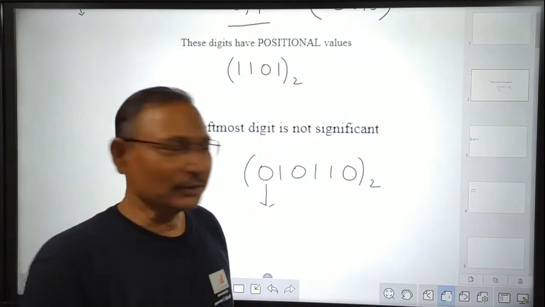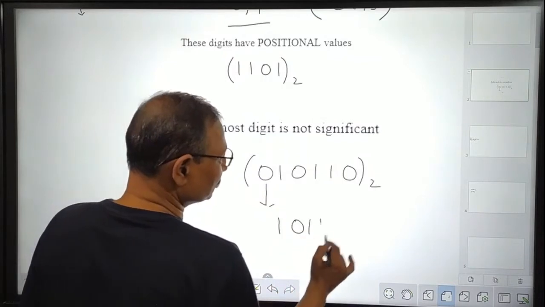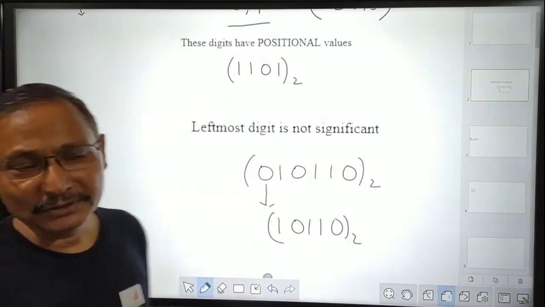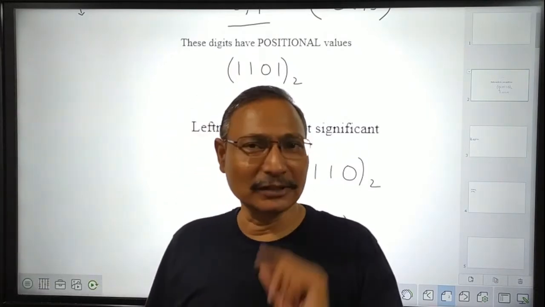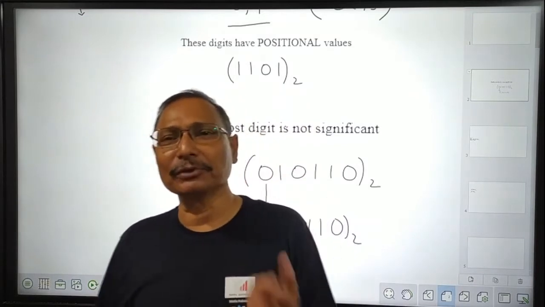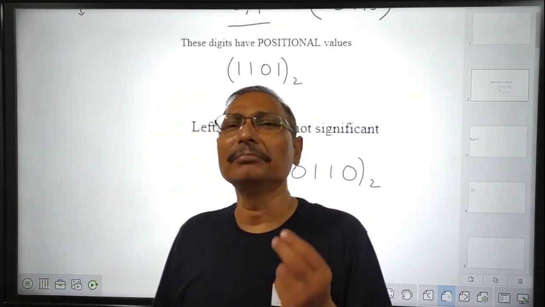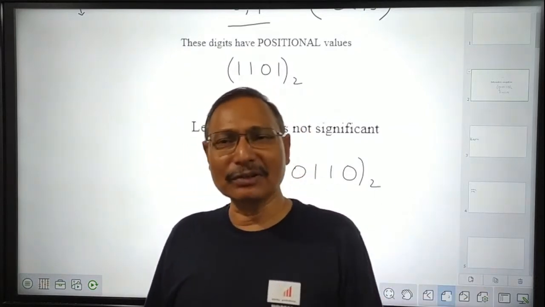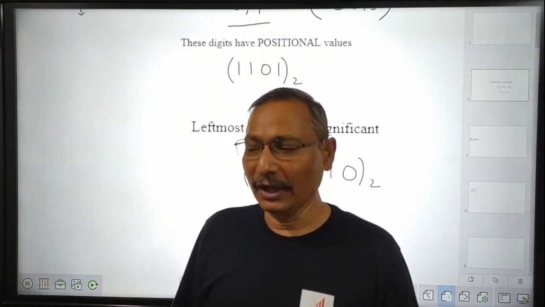If it were written without it, the two would represent the same number. So mind it, binary numbers have only two digits, called bits, 0 and 1, and all required numbers are written with only these two digits.